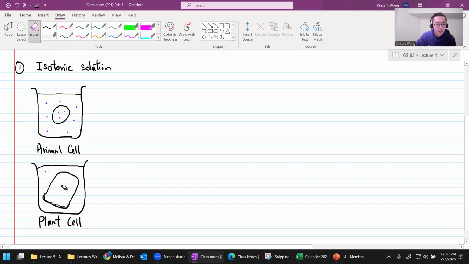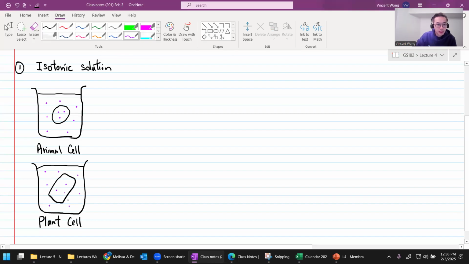Okay, you know what? Let's take away the nucleus there. Sorry, I just realized it's too big here. Okay, so I'm just gonna redraw my plant cell. Sorry, there's the plant cell. Of course, there's the nucleus inside, but I'm gonna take it away to make more room. Sorry, should have thought of that earlier.